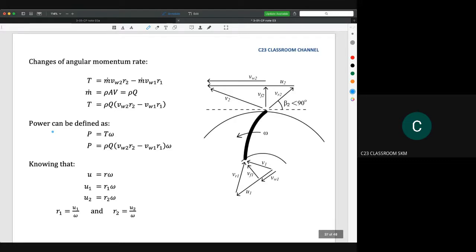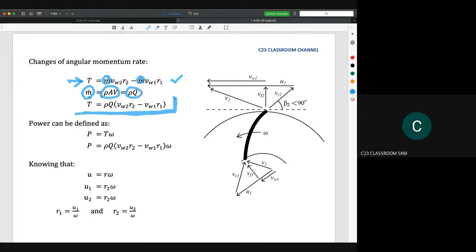Now we need to rearrange the equation to suit all the parameters that we have. Let's say the angular momentum rate, for example T here, is m dot v2 r2 minus m dot v1 r1, and we know that m dot is actually rho A v or rho Q. Because the value of m dot here is constant, we could simplify the equation like this.